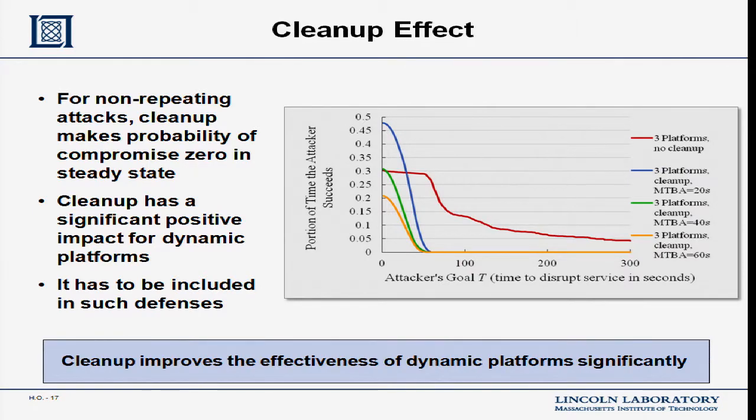So for durations of more than 60 seconds, the probability of compromise goes to 0. This is again a rather surprising finding, that cleanup has a significant impact on the security of these systems.